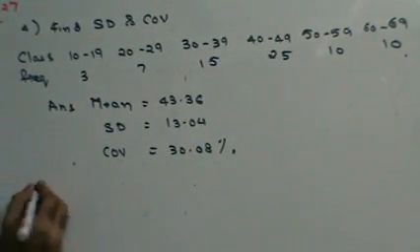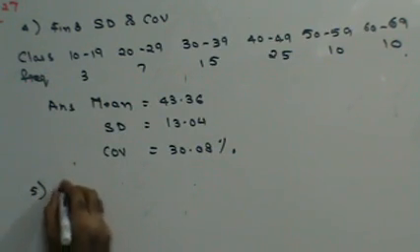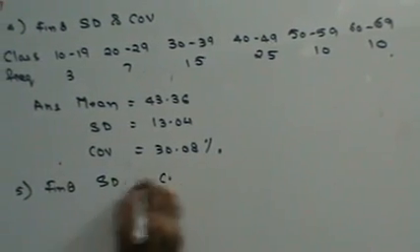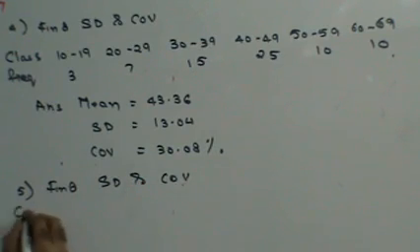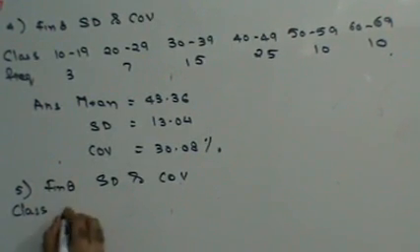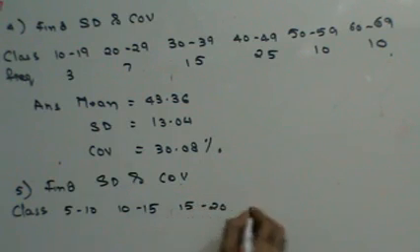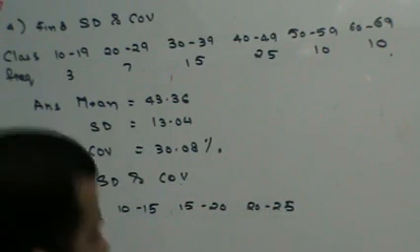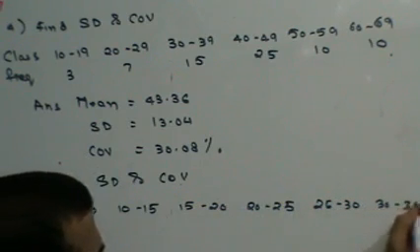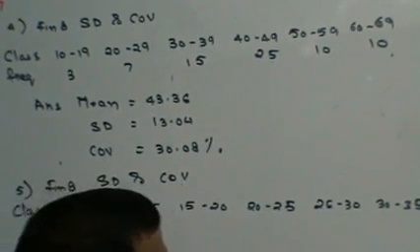Another sum of the same kind. Find standard deviation and coefficient of variation. Class is given as 5 to 10, 10 to 15, 15 to 20, 20 to 25, 25 to 30, 30 to 35, 35 to 40, 40 to 45.